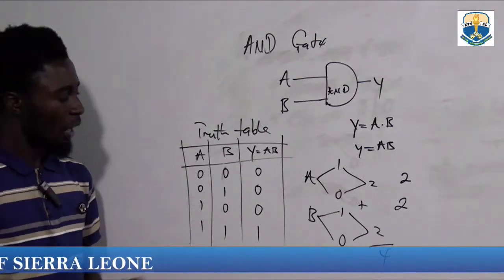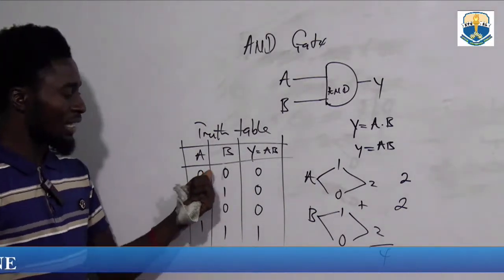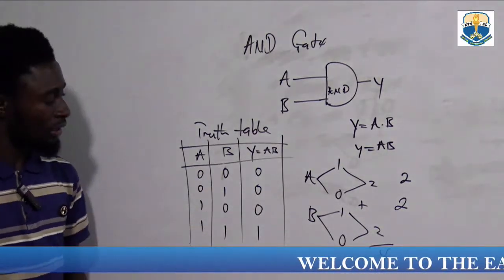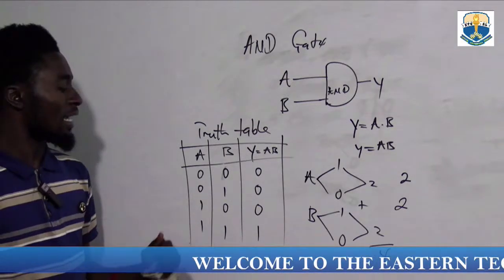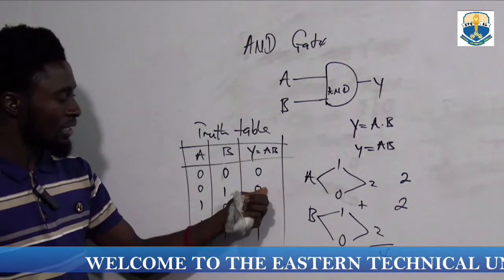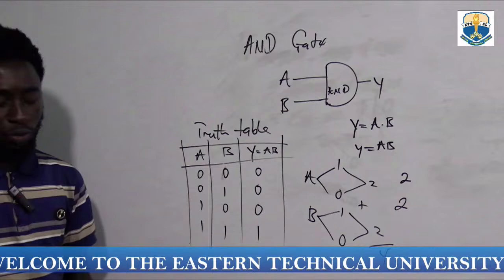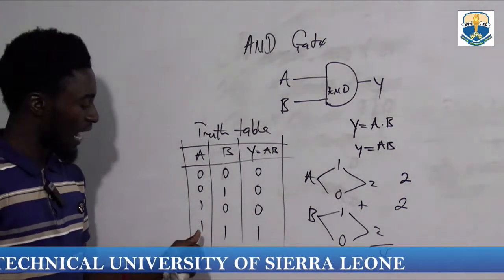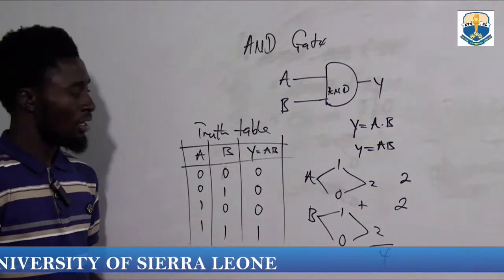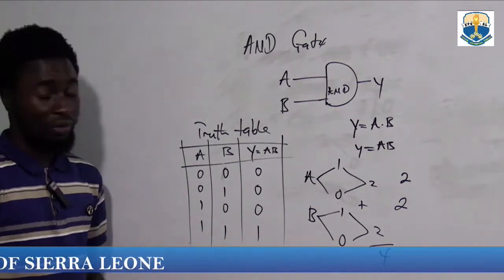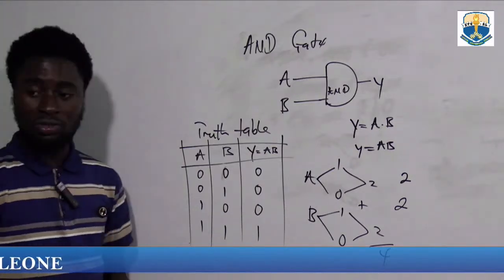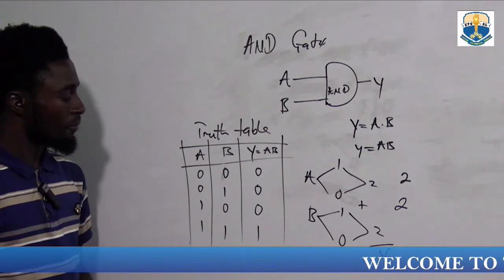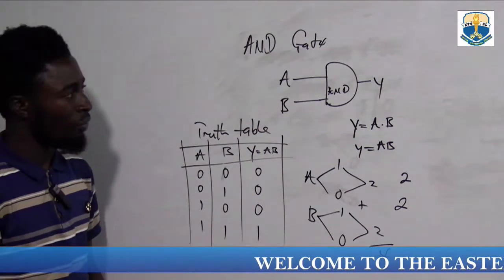You can see the first input low, second low, you get an output in the low state. High and low gives low, and you have here high, high. So the output will only be in a high state when the 2 inputs are in the same high state. So this is the truth table for the AND gate.